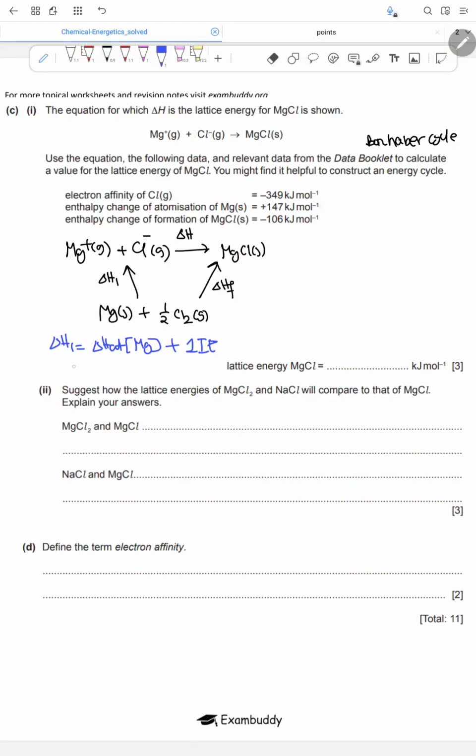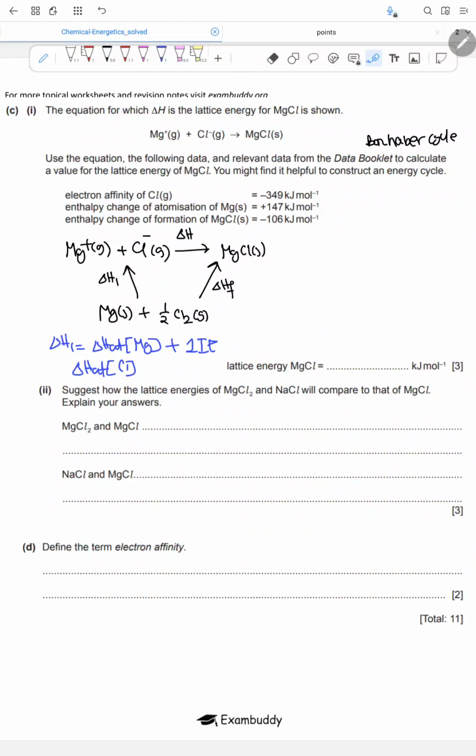Then for chlorine we have to first atomize the chlorine gas, then form chloride, Cl- gas. How can I do that? Atomization. Now, what is atomization? Atomization is the enthalpy change or energy required to form 1 mole of gaseous atoms from its element.